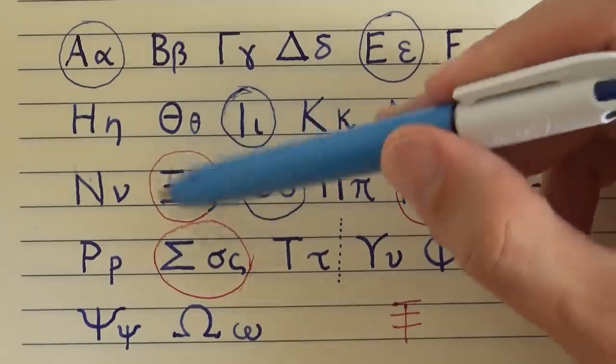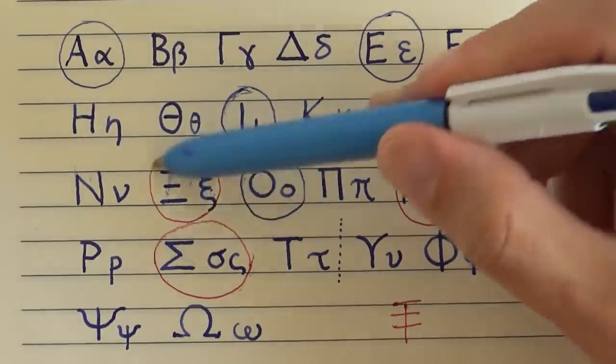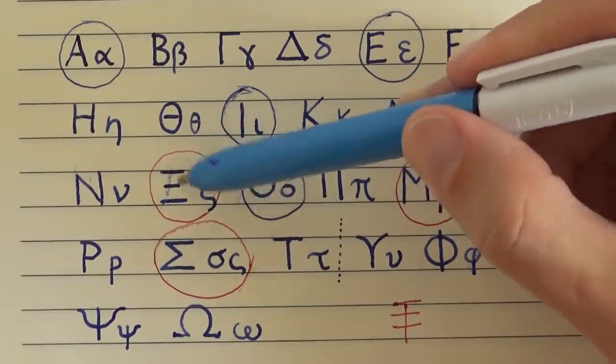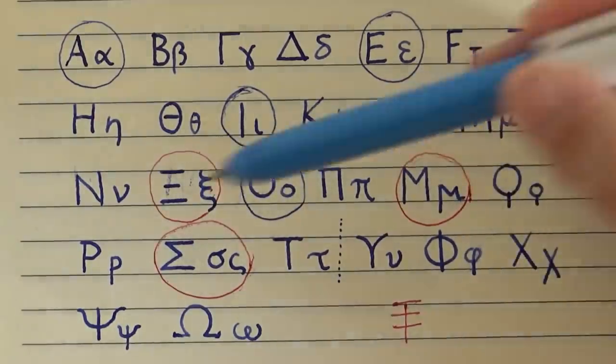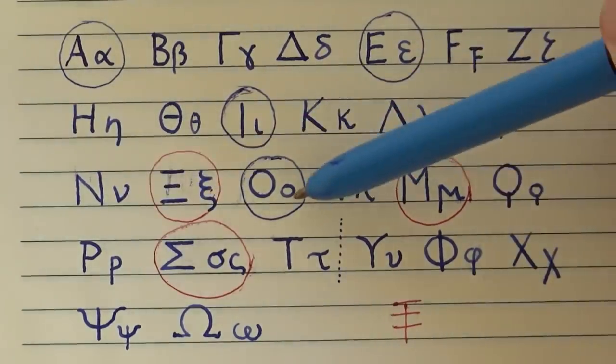But originally I think the S sound was here, where there are the X, or the Xi in the Greek alphabet, between N and O, or Ni and Omicron.